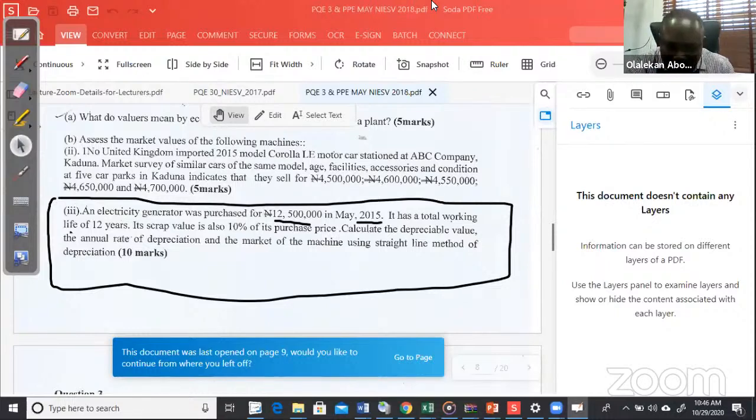And from your annual depreciation, multiply by 5. That will give you accumulated depreciation. You have not finished. Book value will now be cost minus accumulated depreciation. That's when you get there. Cost minus accumulated depreciation will give you your book value, which represents the market value of the asset, or net asset value.